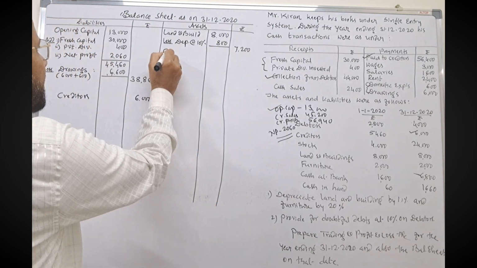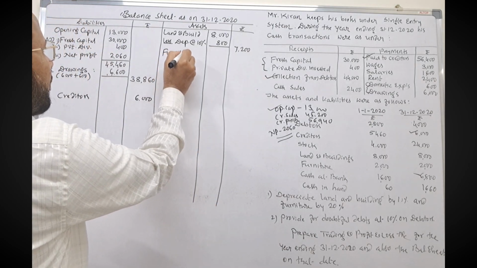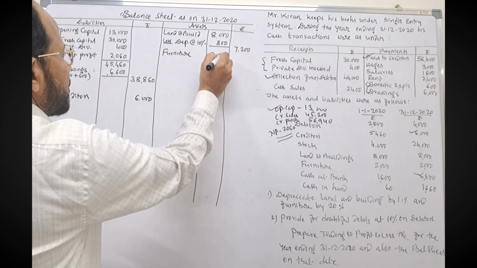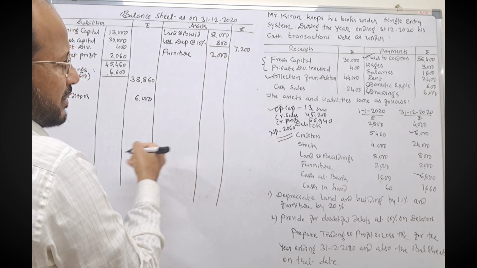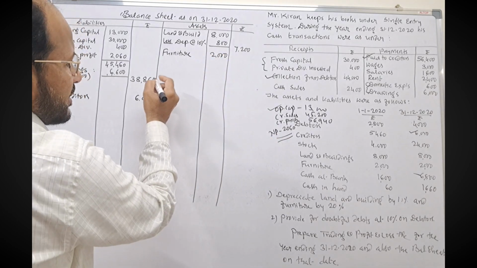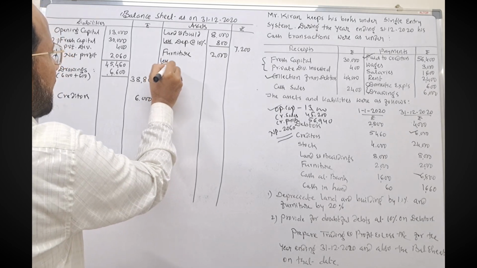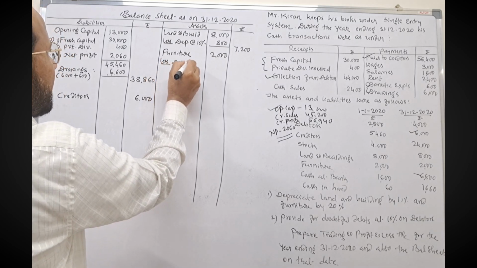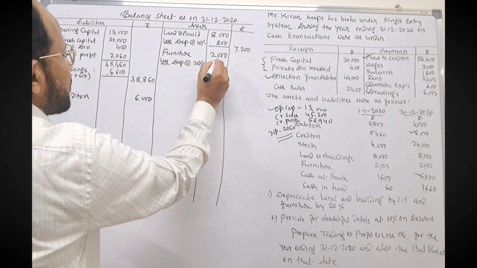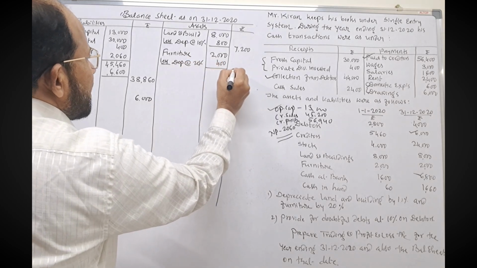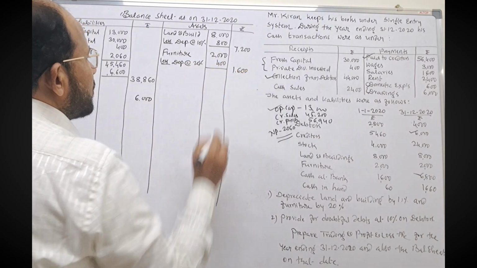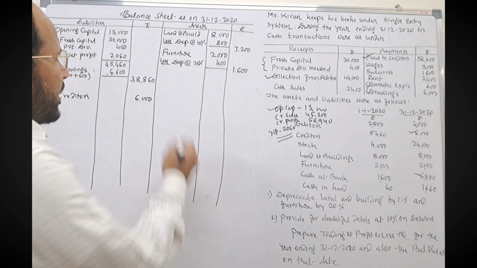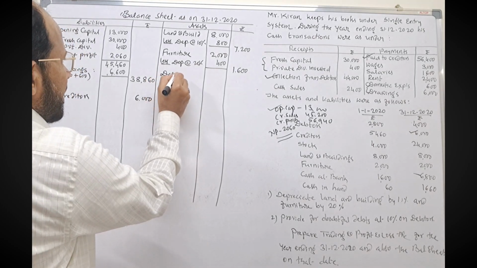Next, you take furniture. Very simple thing. Furniture closing value is 2000. Next one is less depreciation at 20%. It comes to rupees 400. Show the remaining balance 1600 to the outer column. Next you show debtors.